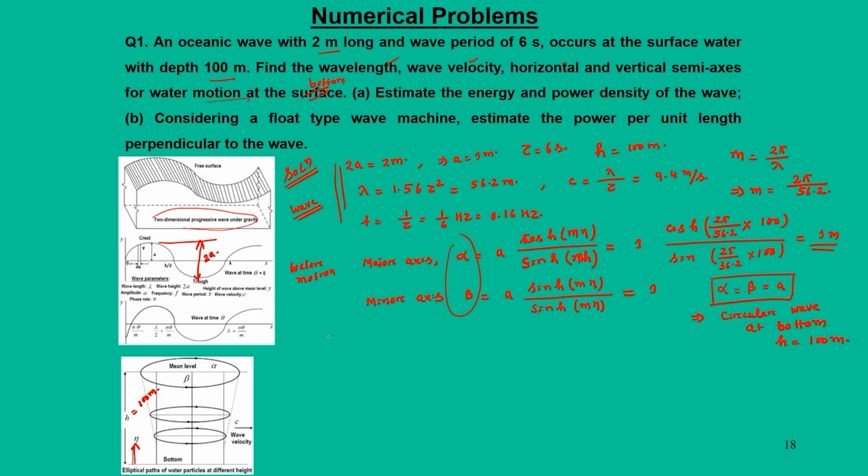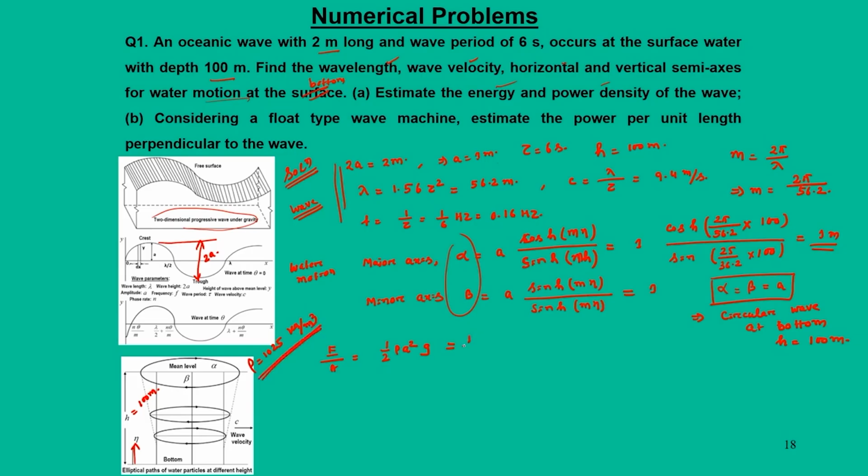Then we can find out the energy and power density. Energy density, E by A, is the expression half rho A square into G. You take the density of water rho as 1025 kg per meter cube, that is typically saline water.